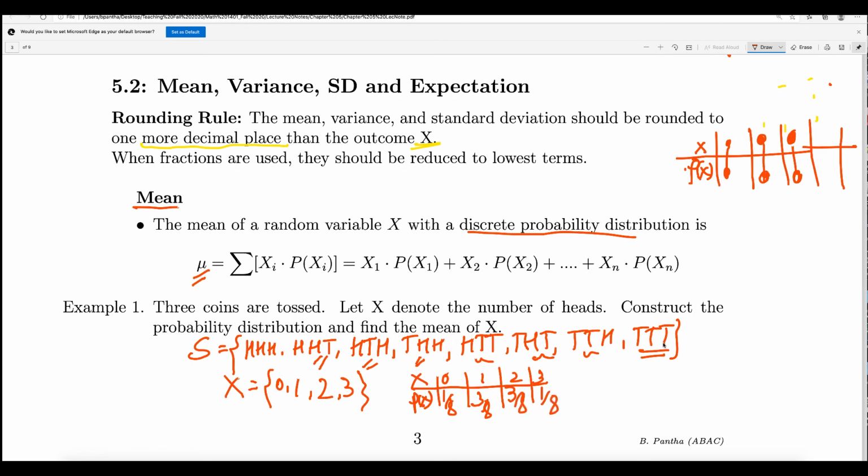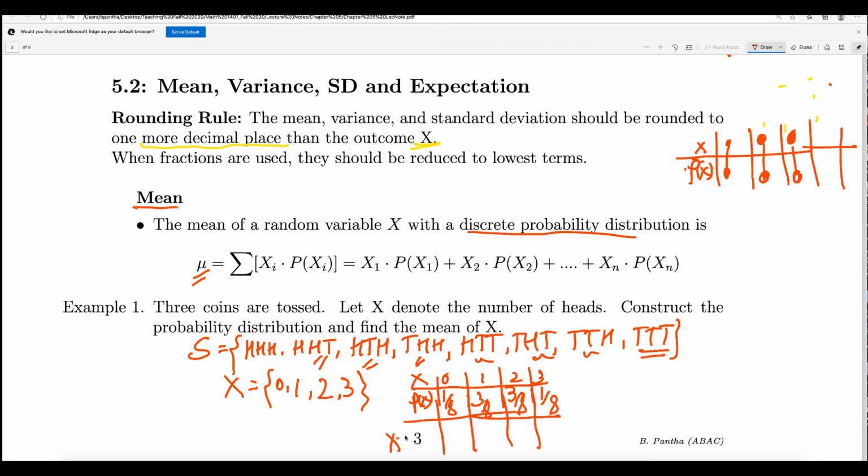Now if you want to find the mean, you multiply this with that, plus this with that, plus this with that, plus this with that. There are 2 ways. You can just multiply them and then add, or you can make another row in the table, multiply these 2, and write the result.